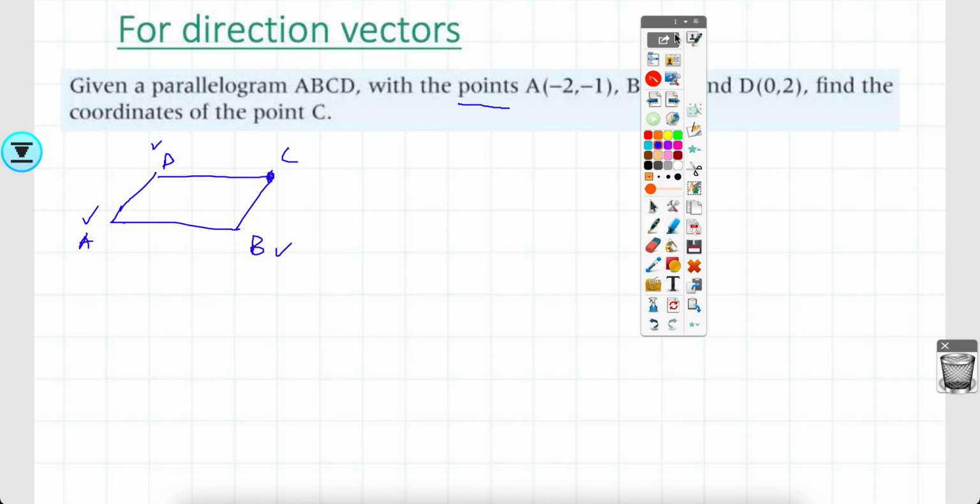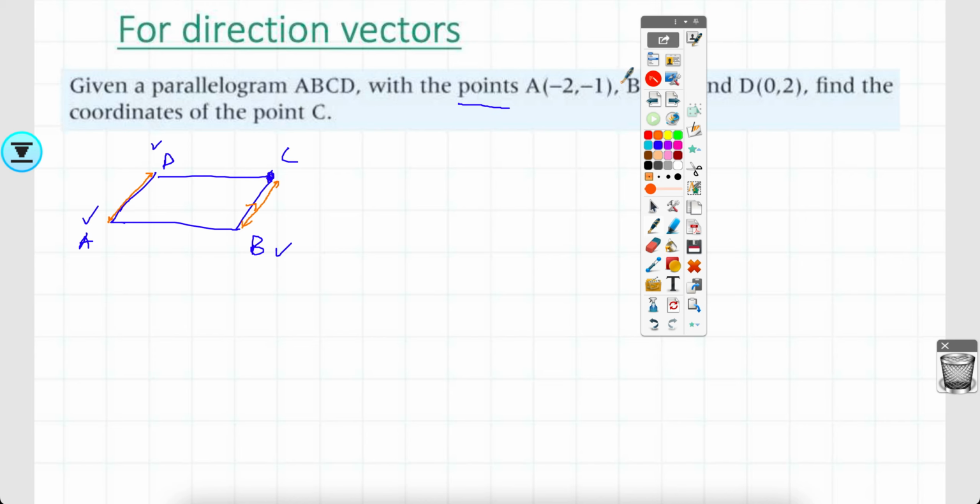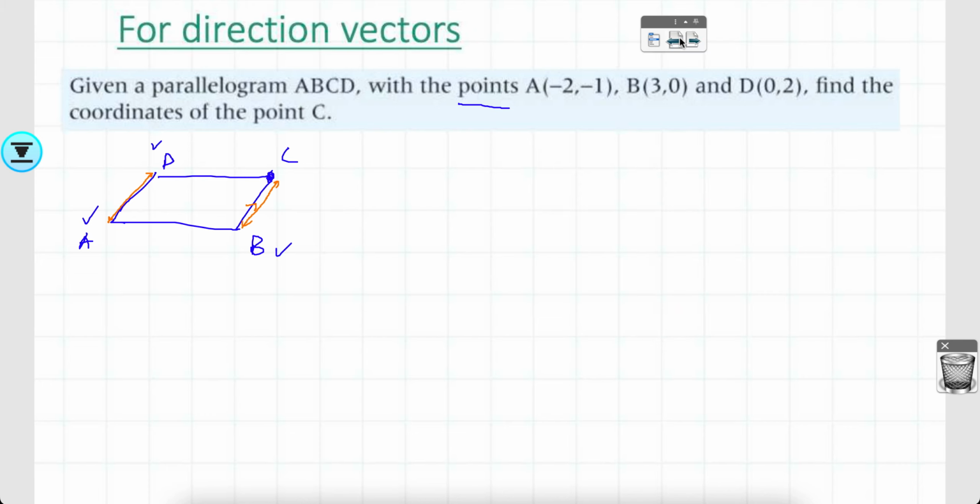I can figure out the vector that gets you from A to D, and I know that it's going to be parallel to the vector that takes you from B to C. So if I can find A to D, I can apply it to B and C. So that's the idea behind this question.